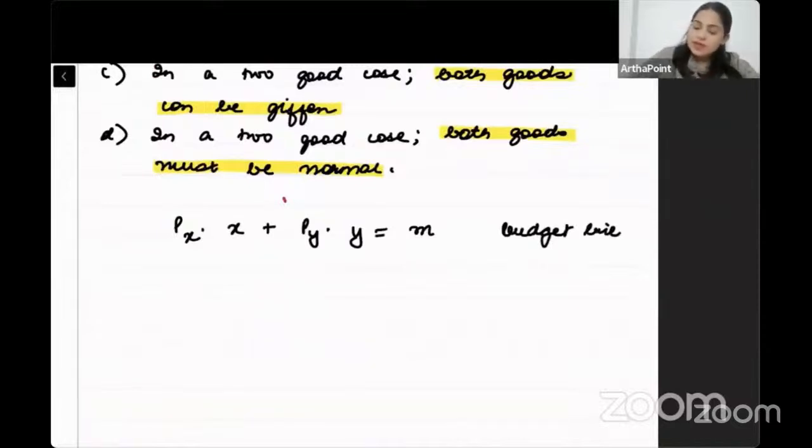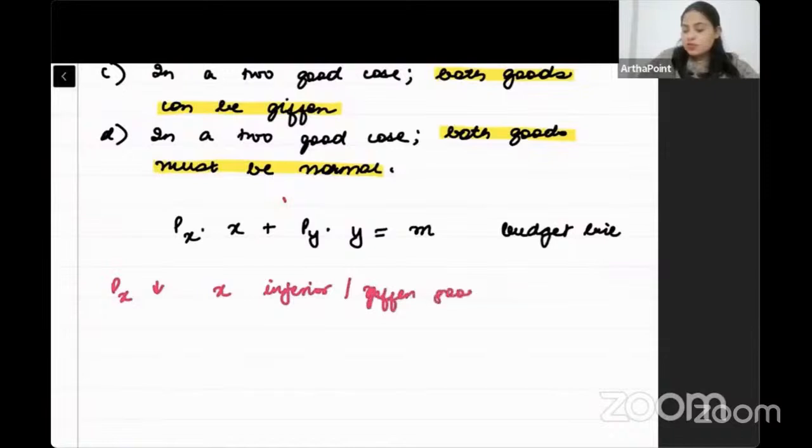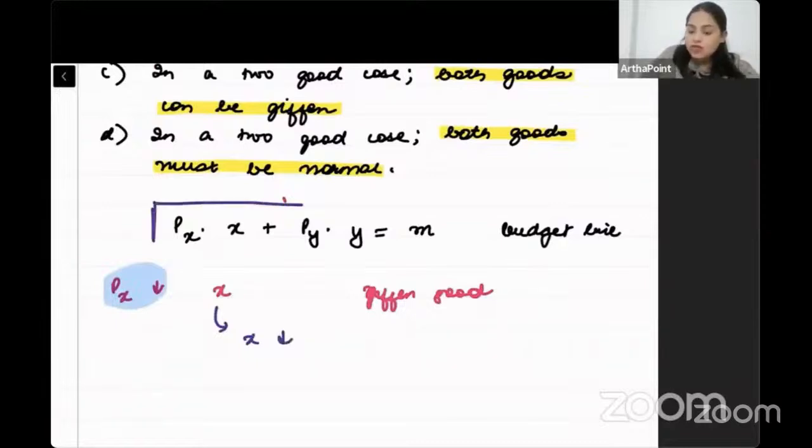Just think. Suppose I tell you the price of good X decreases, and I tell you that X is an inferior good. Suppose X is an inferior good and the price of good X is decreasing, this means that you will decrease the consumption of good X. But you want to be on the budget line.